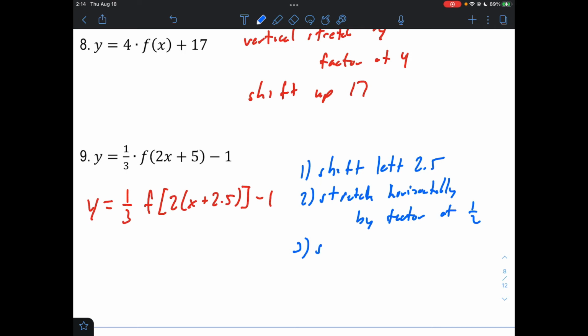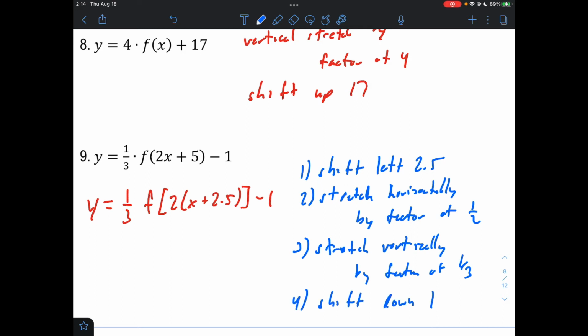And then we're going to stretch vertically by a factor of 1/3. And then finally, we're going to shift down 1.